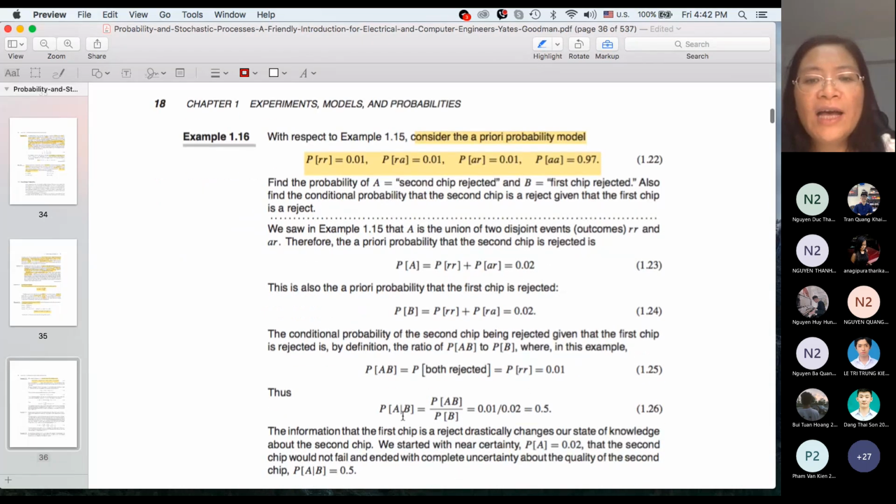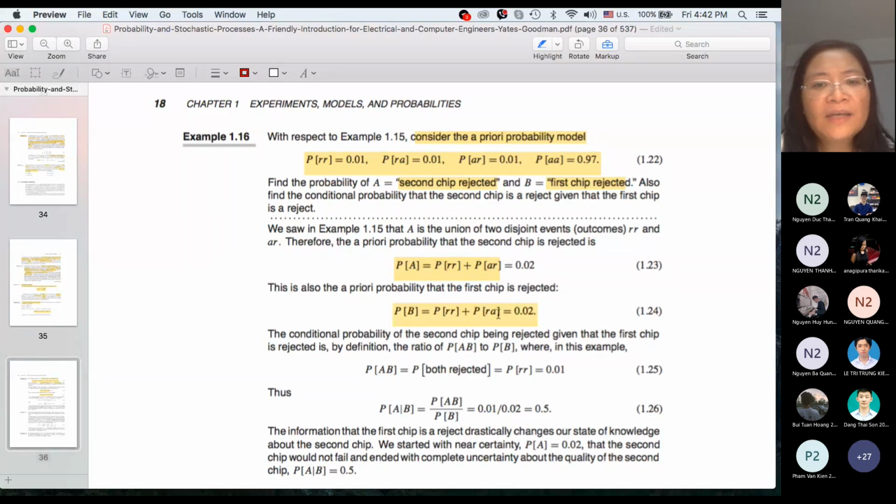Now we want to find A given B. The first circuit is rejected, and we ask whether the second is rejected. The probability of A equals RR and AR, so it's 0.02.